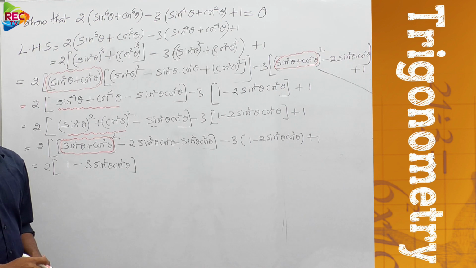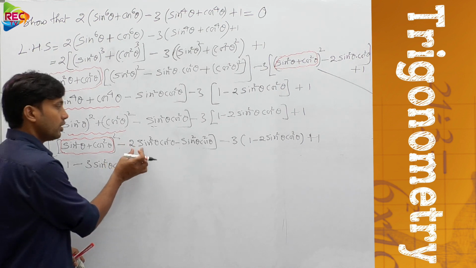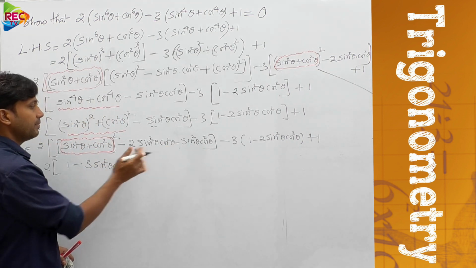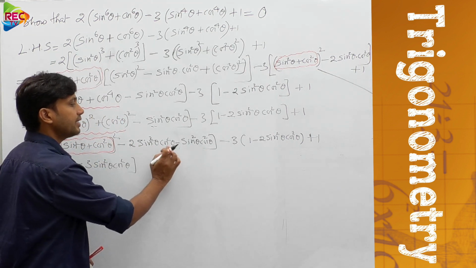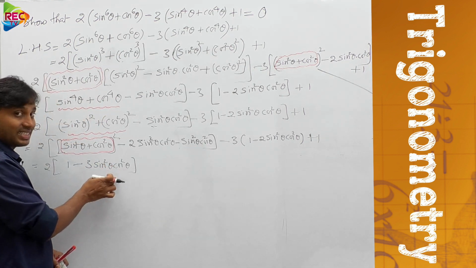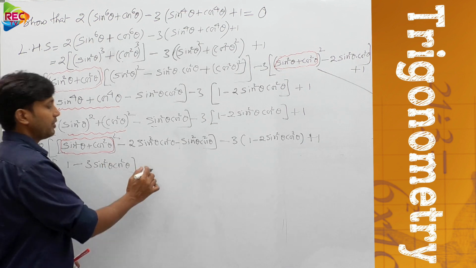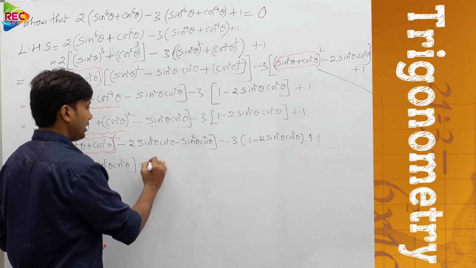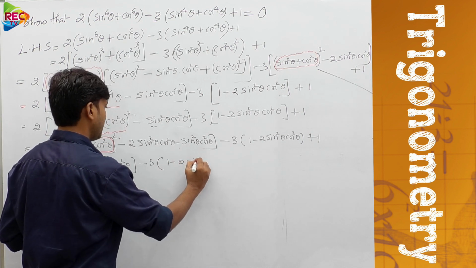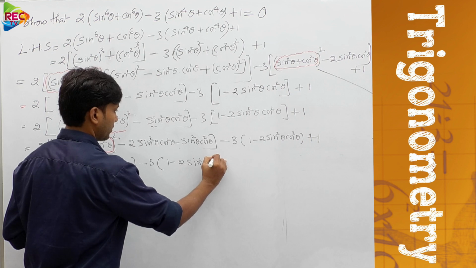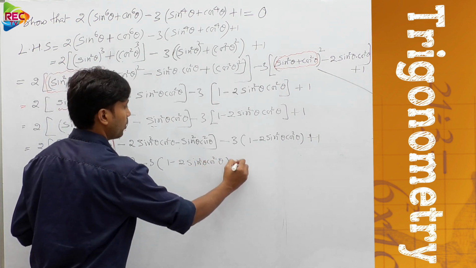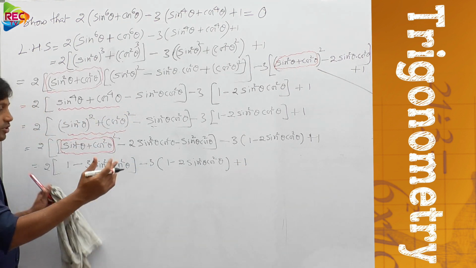Minus 2 sin square theta cos square theta minus sin square theta cos square theta can be written as what? Minus 3 sin square theta cos square theta. We can add them. Okay, minus 3 into 1 minus 2 sin square theta cos square theta.